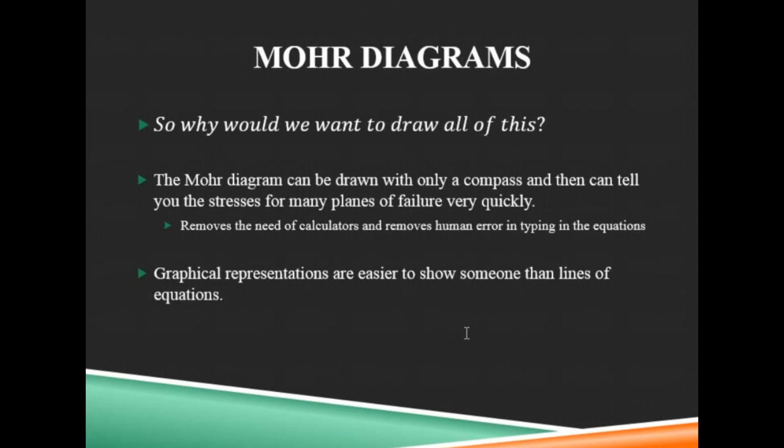Makes it easy to visualize, easy to show somebody, easy to make comparisons. If you have lots and lots of lines of equations, a lot of people don't like reading that. A lot of people will have a hard time visually comparing the results. You have a Moore circle, it makes it really easy.